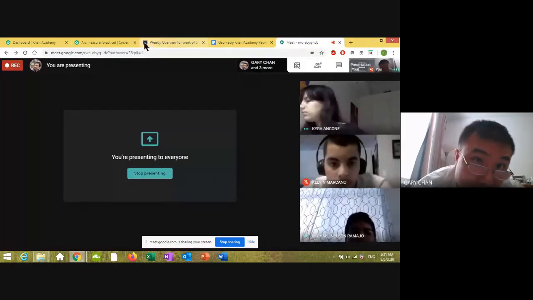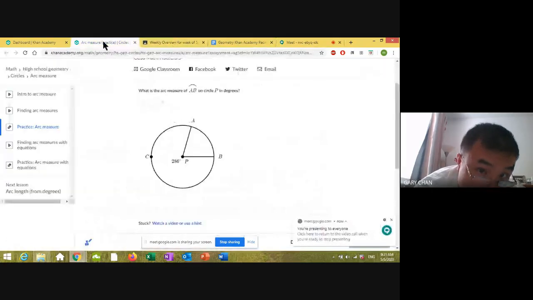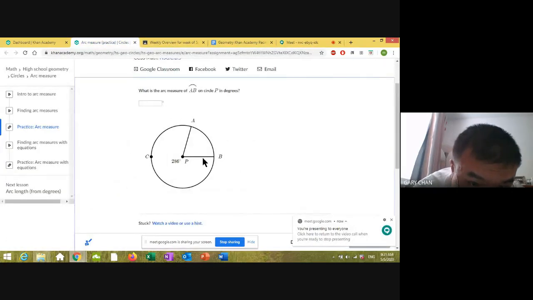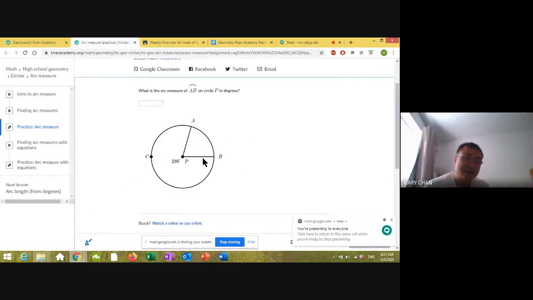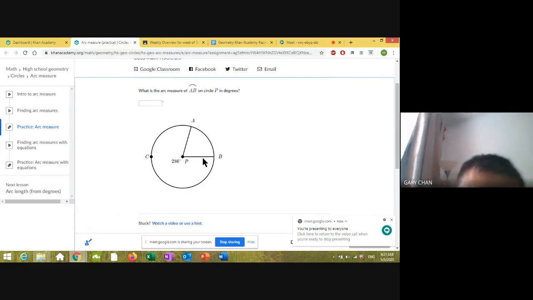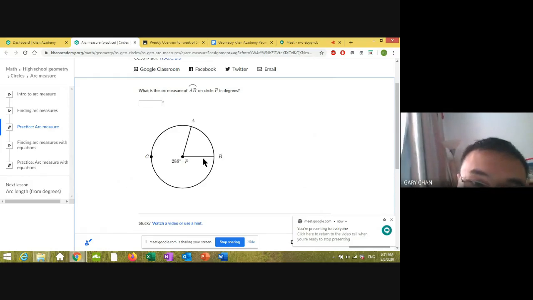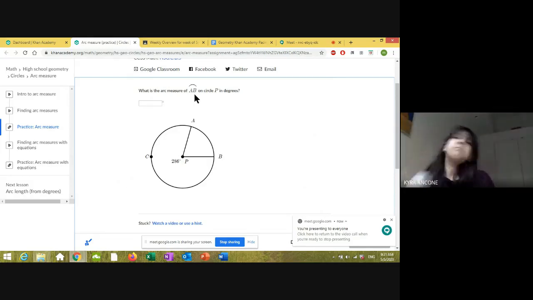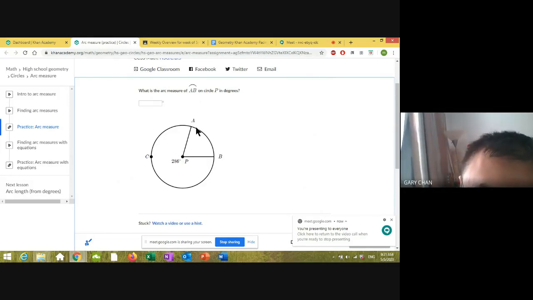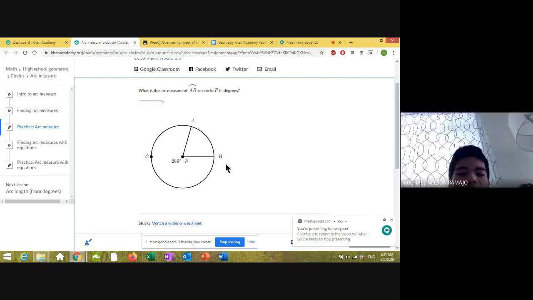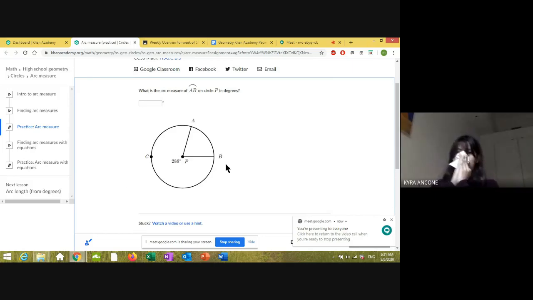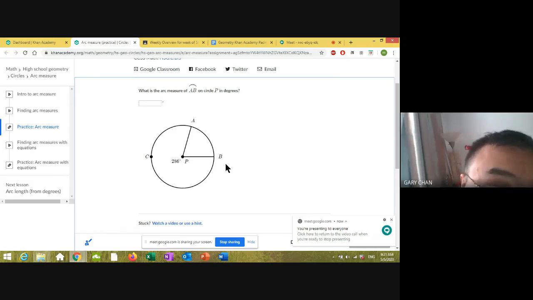So we are looking at this problem right here. Notice it's asking for arc AB. Is it clear that we're talking about the minor or the major? The minor.